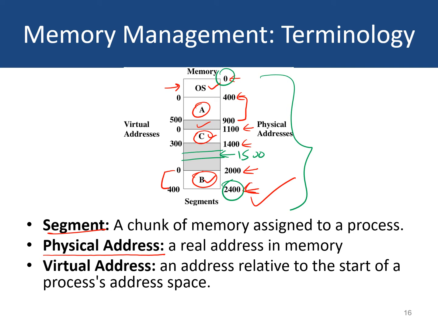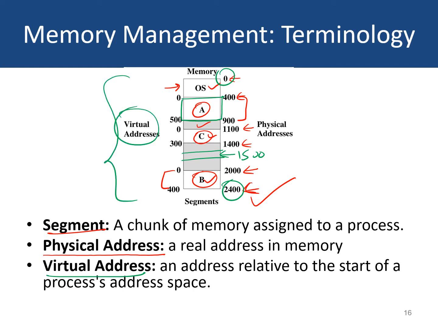In our discussion, we will be distinguishing between a physical address and a virtual address. A virtual address is basically an address relative to the start of a process's address space. So for instance, let's look at this process A over here. On the left hand side in this picture, we have virtual addresses.